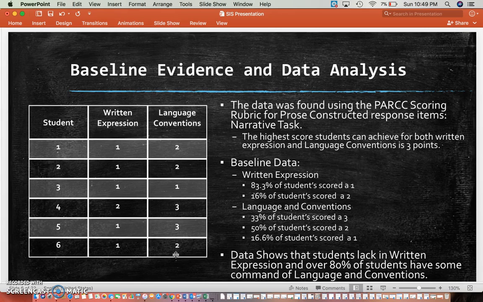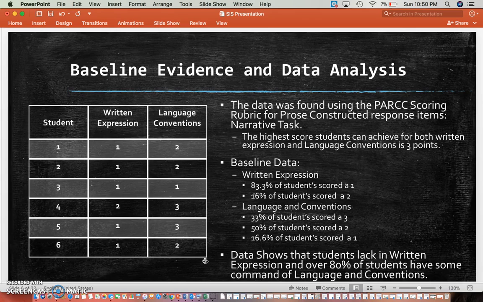None of my students that I worked with, students 1 through 6, fully got a 3 on their narratives. If you look at their language conventions, however, you'll see that 33% of students scored a 3, 50% of students scored a 2, and 16.6% of students scored a 1.